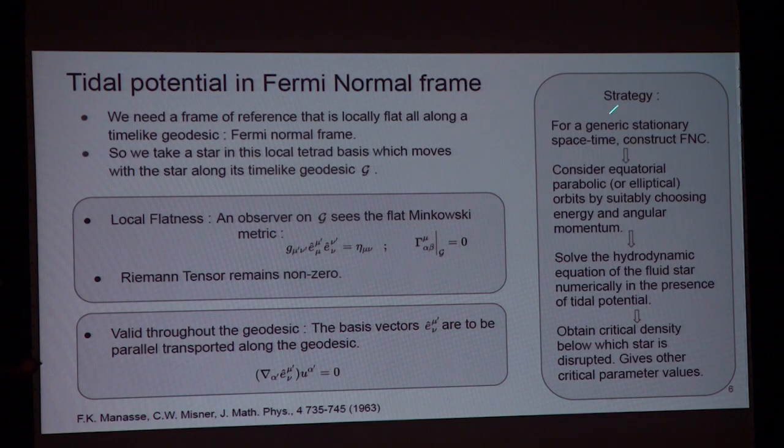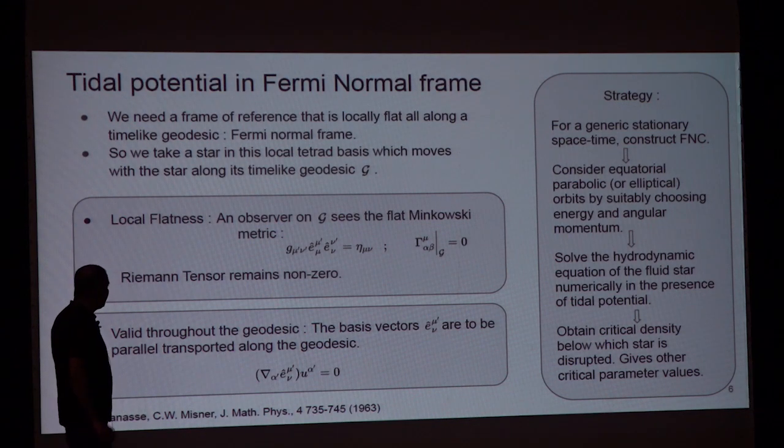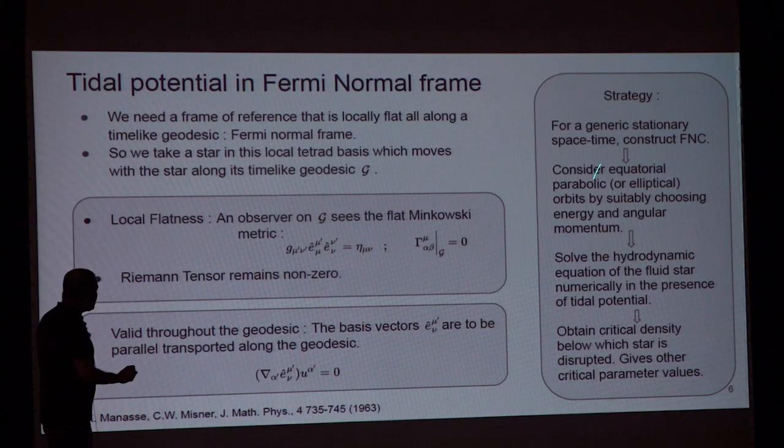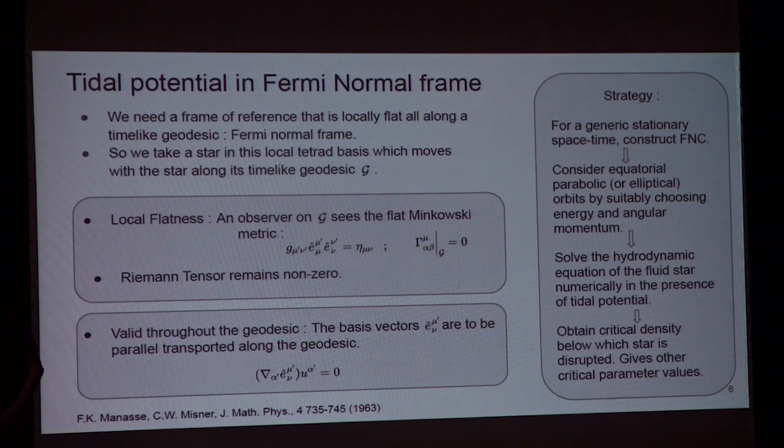So the strategy that we would follow is that for a generic stationary space-time, so this is not static, I'm just graduating one step beyond, I construct the Fermi normal coordinates, and there is a very standard way of constructing these coordinates. And then I consider equatorial, parabolic or elliptical orbits.